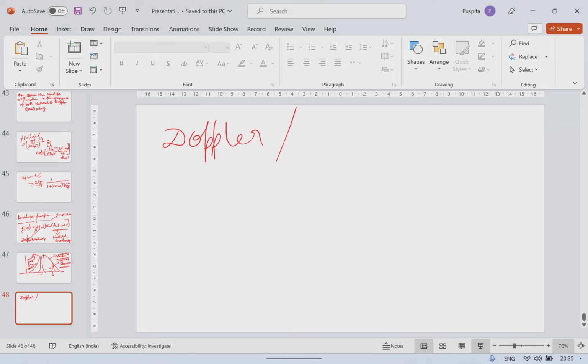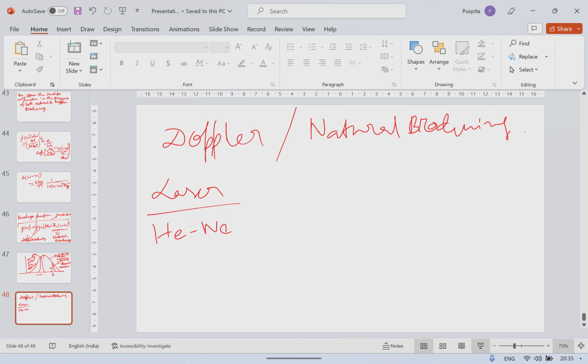So Doppler versus natural broadening. Let's say a helium neon laser. So natural broadening, and this is Doppler broadening. All are in hertz.